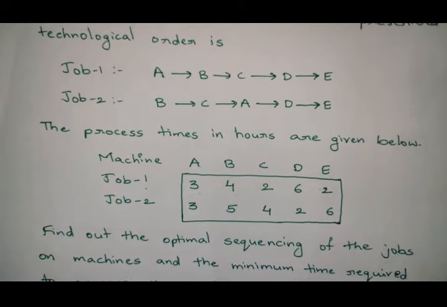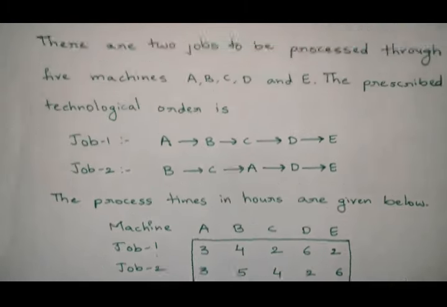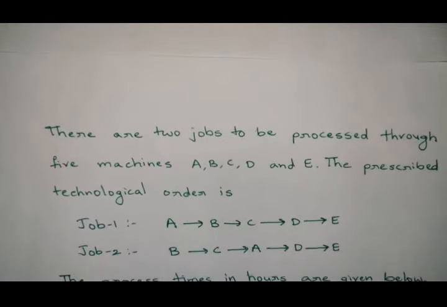First, let us see the job 1 sequence: 3, 4, 2, 6, 2. Please remember that. Now I am going to represent that sequence here.